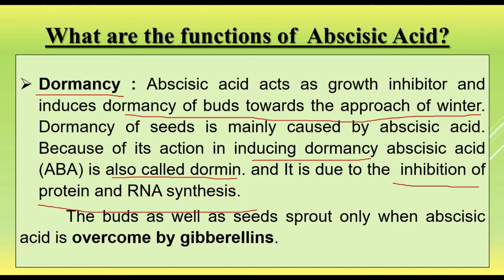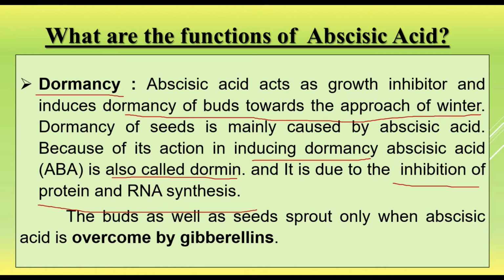Therefore, it is believed that ABA's role is not to allow the translation to take place. As these enzymes are not synthesized, the seed cannot germinate, thus it induces dormancy.